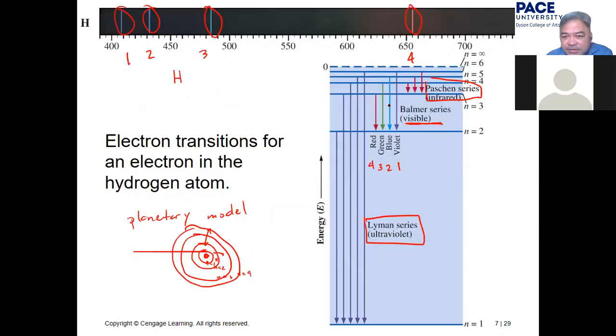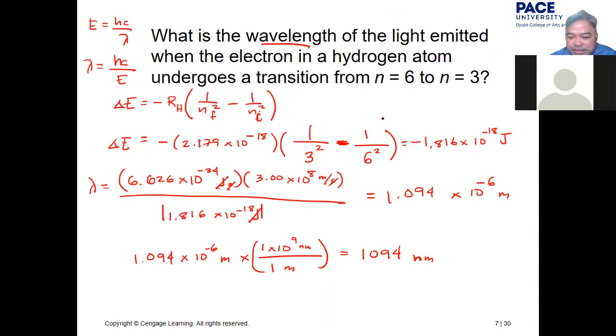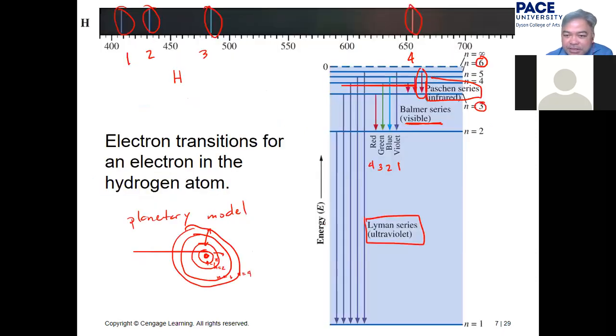So 6 to 3. So that's the one that is this one. And you don't see it in the visible region because its wavelength is 1094 nanometers. So that's in the Paschen series. Okay?